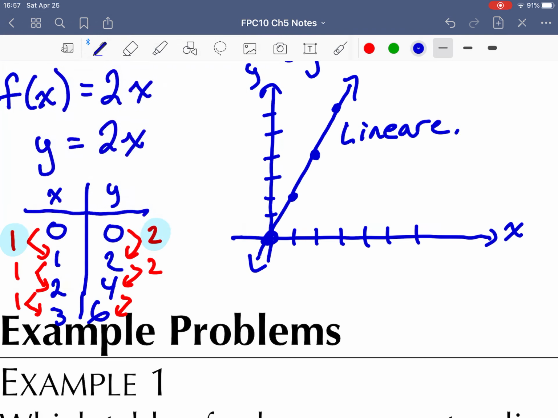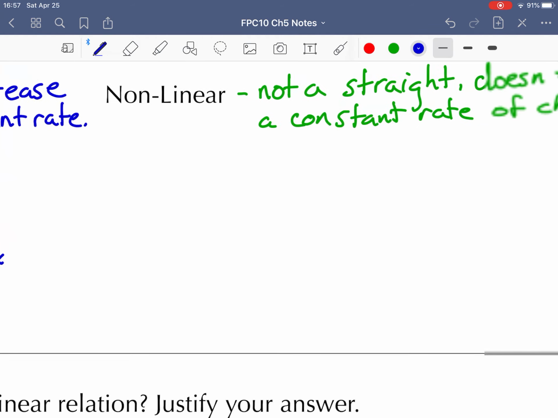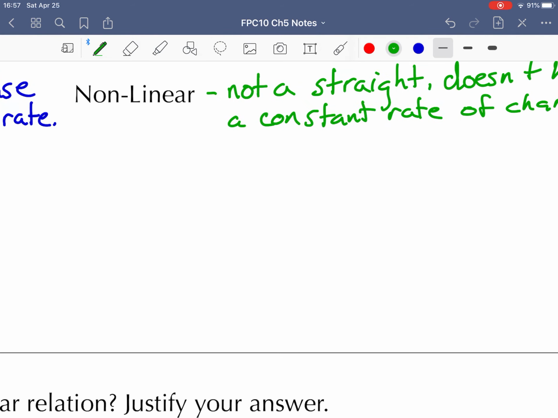So this graph here has a slope equal to 2 over 1, because every one that the graph moves over to the right, so every time my domain value increases by 1, my range value increases by 2. This is a linear function. This is our constant rate of change. It's our slope.